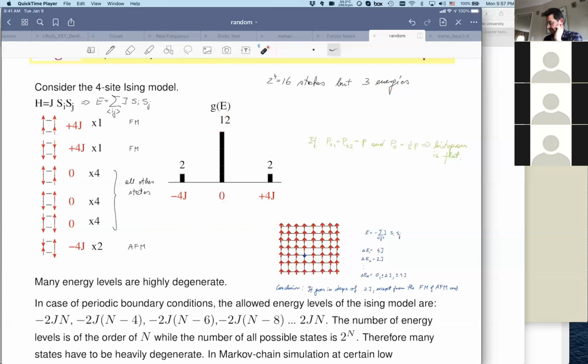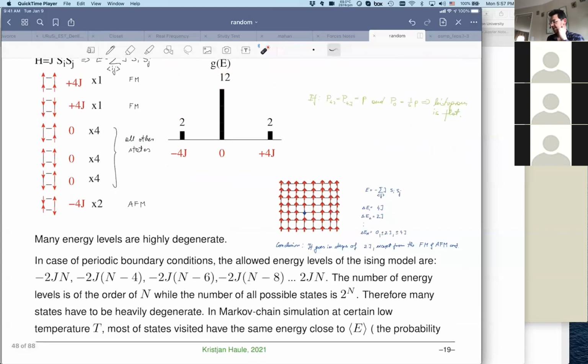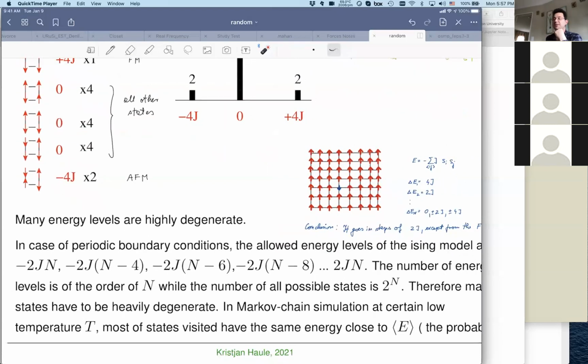Now, the next step in this algorithm is to enumerate all the energies. If we don't know what energies are possible, then we actually cannot run the Wang-Landau algorithm. But in the Ising model, we know which energies are possible. So how do we calculate them?